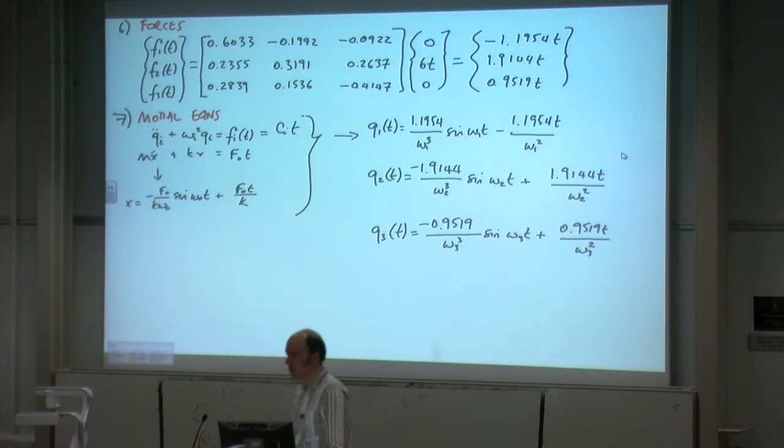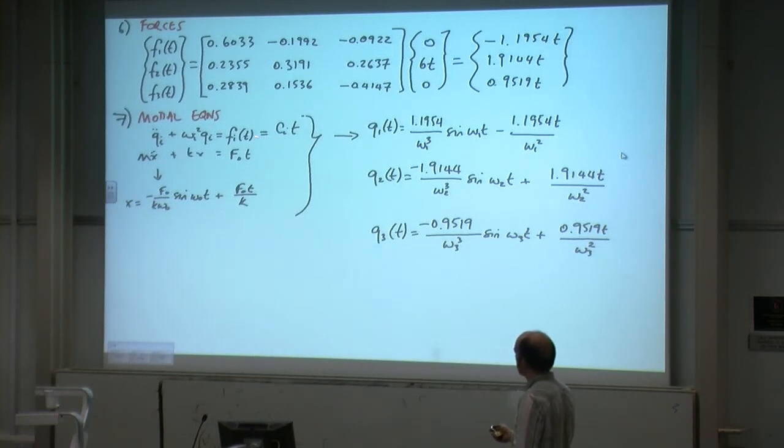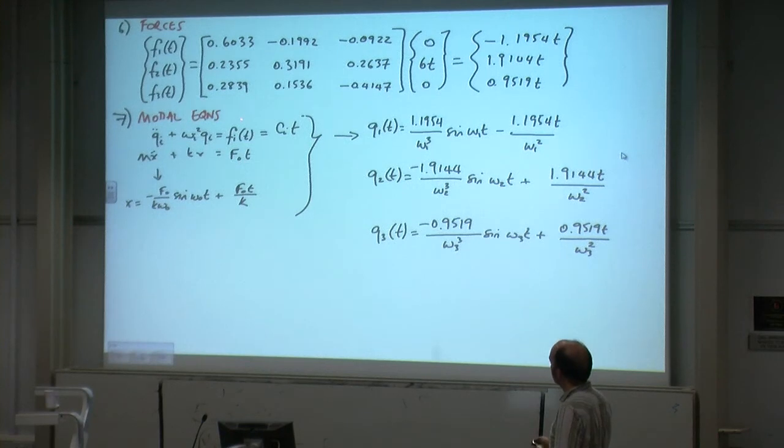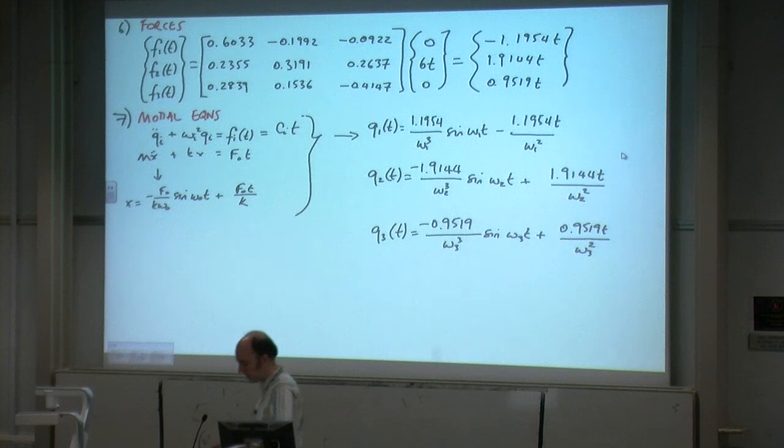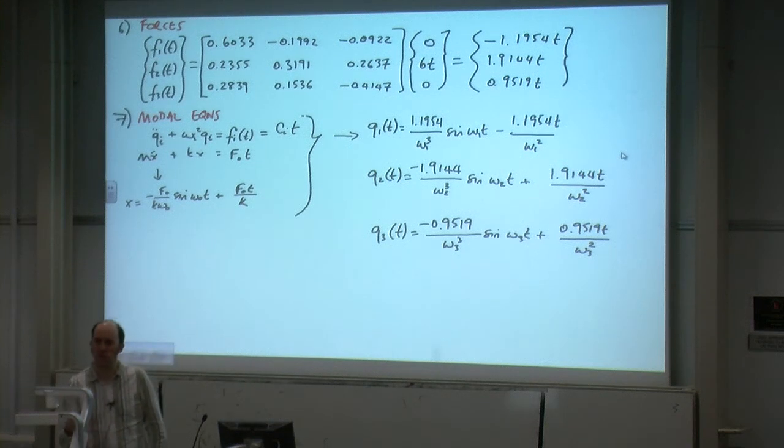So we then find the modal equations which are in this form, and we match that up to our solution from chapter 3, which is here. And then it's just a matter of plugging in the relevant numbers. I've left omega 1, omega 2, and omega 3 as omegas in here. But obviously you could put your values in because I've given you those values in the question. So it's up to you whether you want to do that.